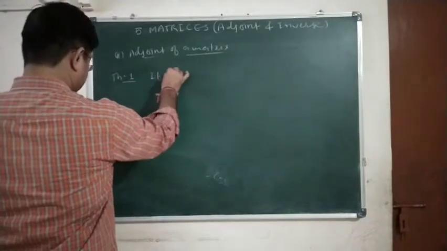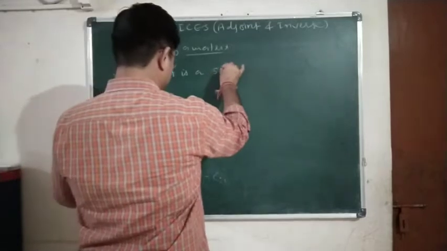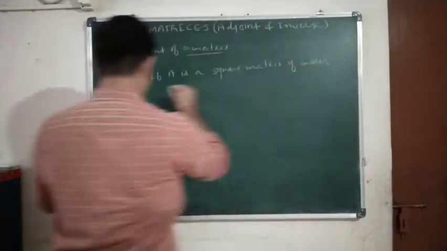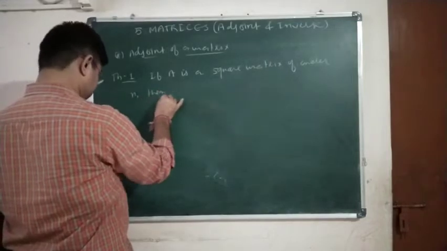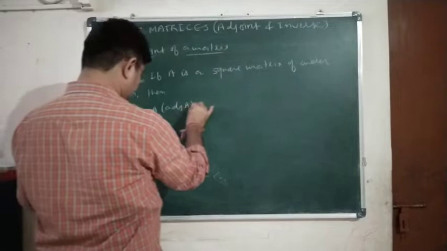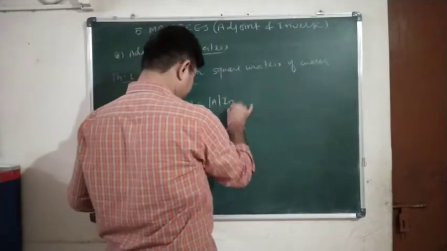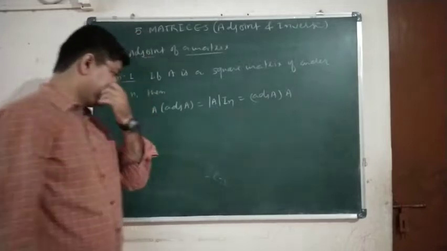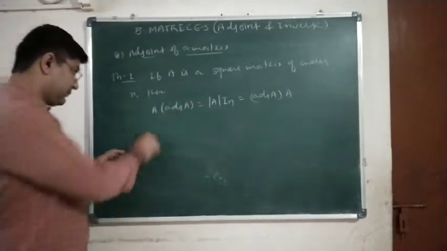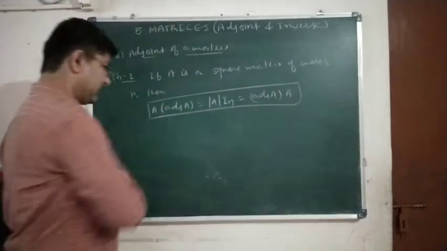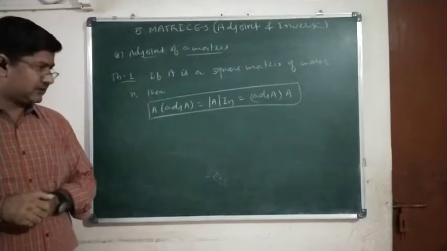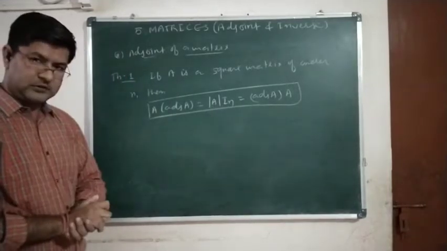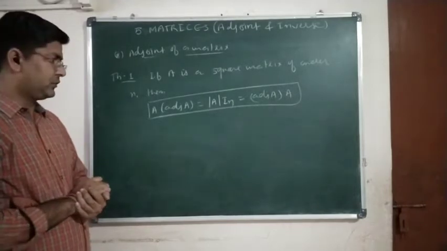If A is a square matrix of order n, then A times adjoint of A equals determinant of A times In, which equals adjoint of A times A. This is a very important result you should remember, because it will be helpful to derive many other formulas as well as in solving the exercise 'prove that' sums. Clear?